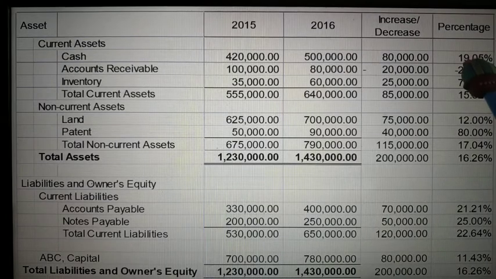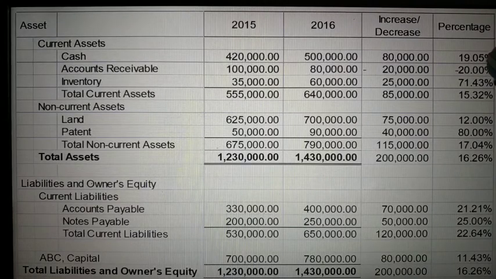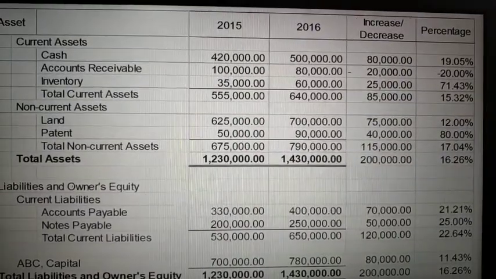So it is 19.05%. We will use 2 decimal places. The last number you round off. So 2 decimal places. Yes.